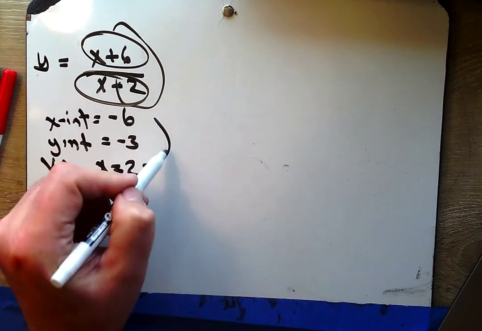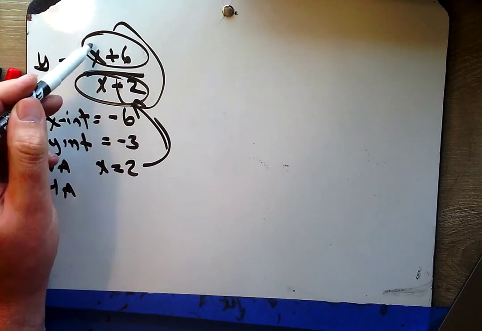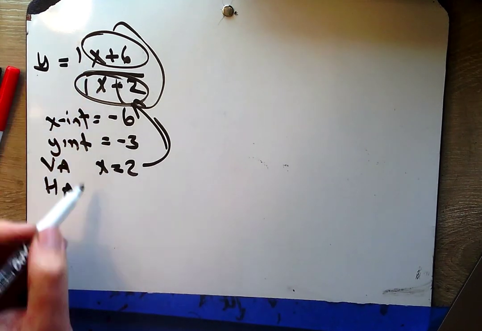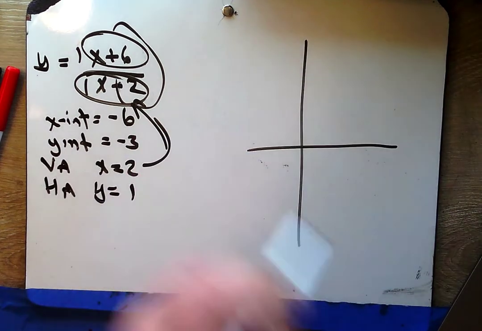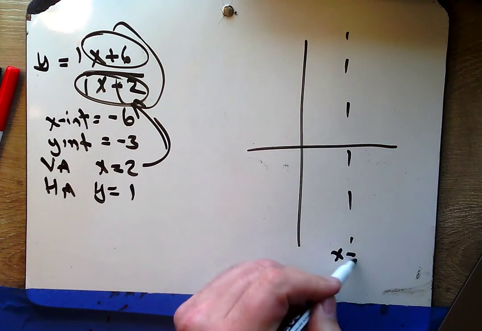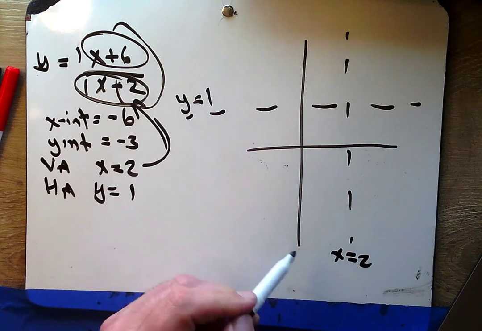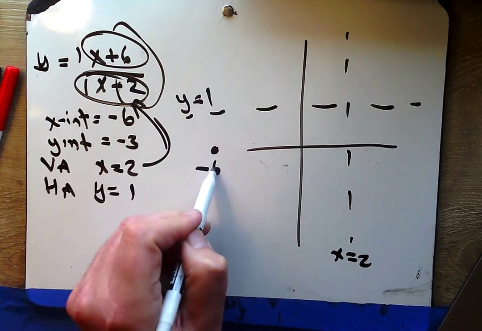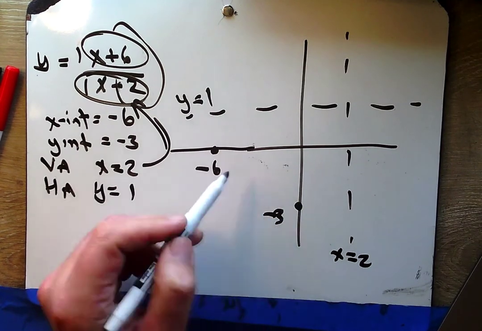That comes from setting the bottom equal to 0. And the horizontal asymptote, because the degrees are the same, I'm just looking at the ratio of leading coefficients, and I have y equals 1. So vertical asymptote at 2, horizontal asymptote at y equals 1. We've got -6 for our x-intercept. Our y-intercept is -3.